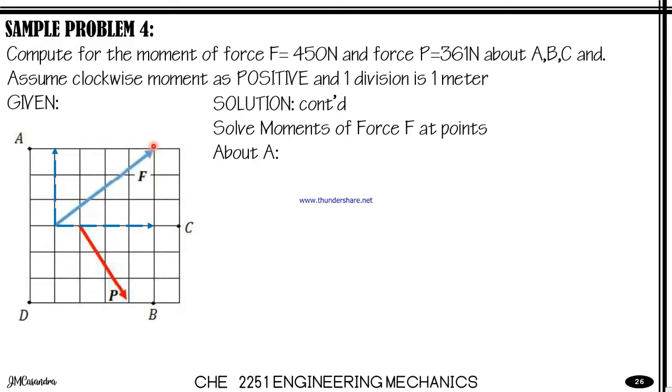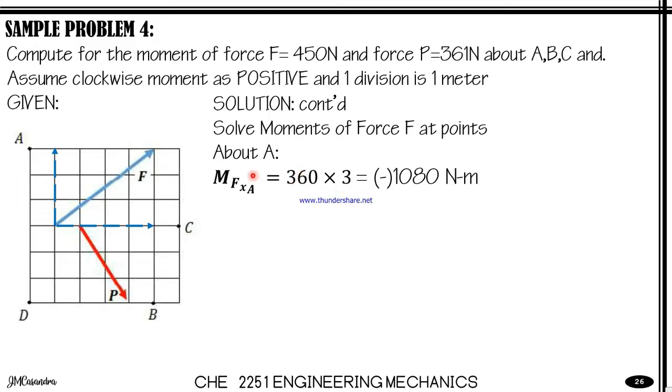So we can write the equation as 360 times 3. This is the x component of F, and this is how far it is from the pivot point. And this will give us 1080 Newton meters.